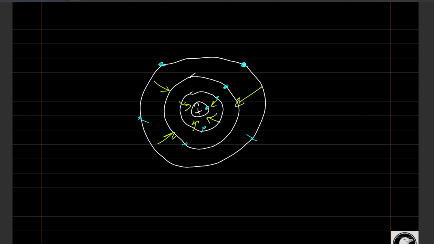But now, here's the problem. The region outside this electron cloud, or the last shell within this electron cloud, would be called the valence shell. And the electrons inside this valence shell will be called valence electrons.